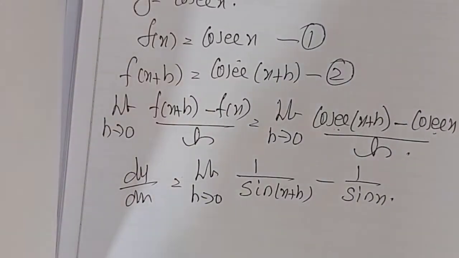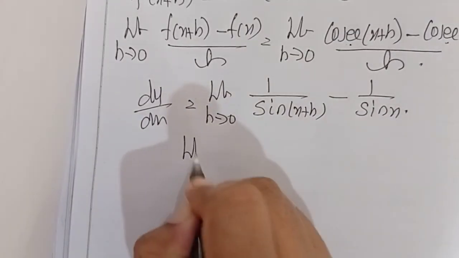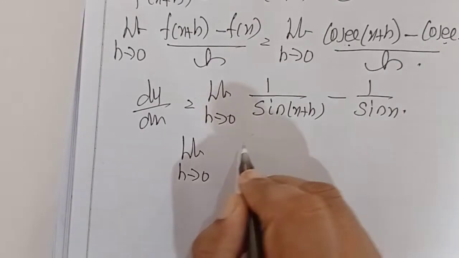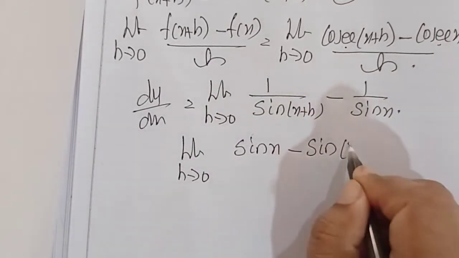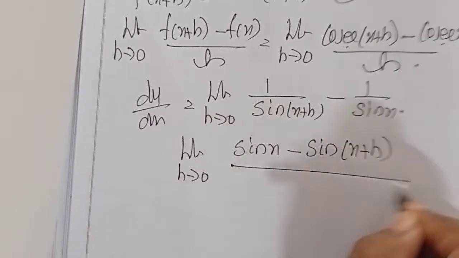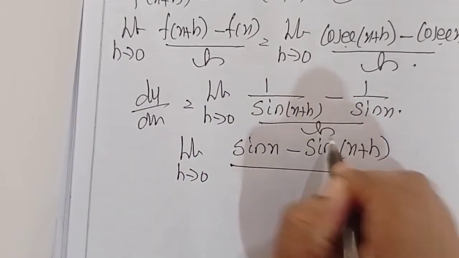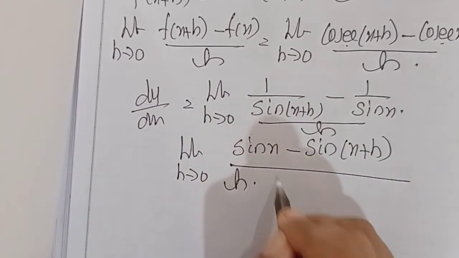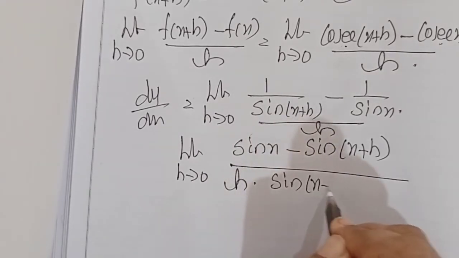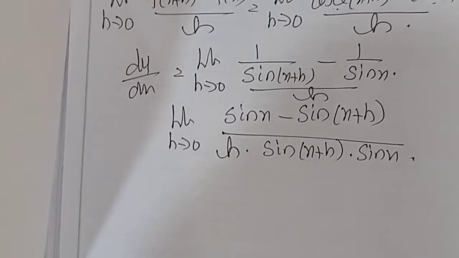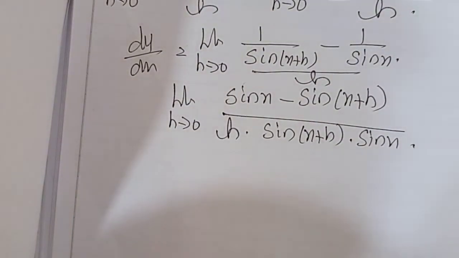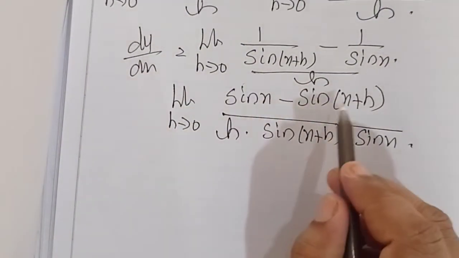Okay, now taking the LCM, limit h tends to 0, sin x minus sin(x+h), the whole by, in all the cases you have to write h, h into sin(x+h) into sin x. Okay, then again, what is sin C minus sin D?